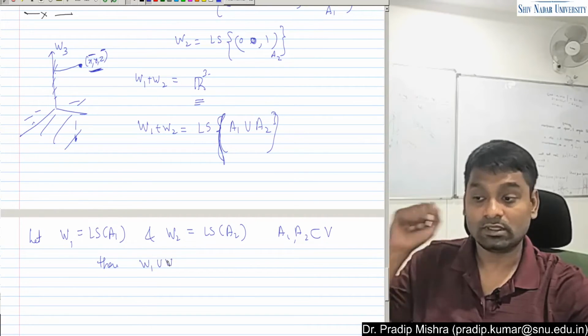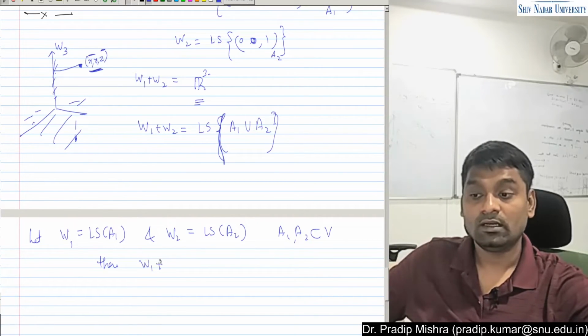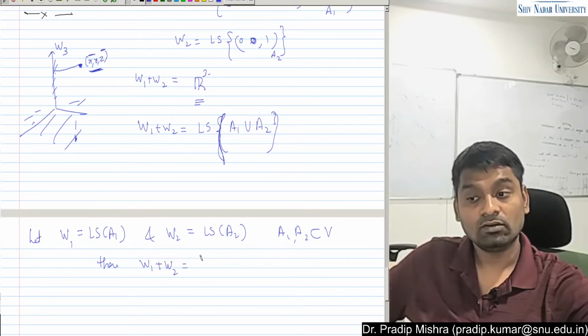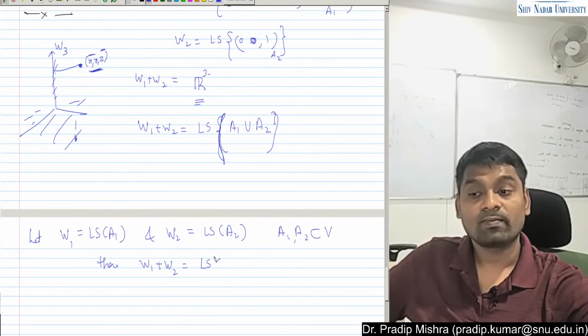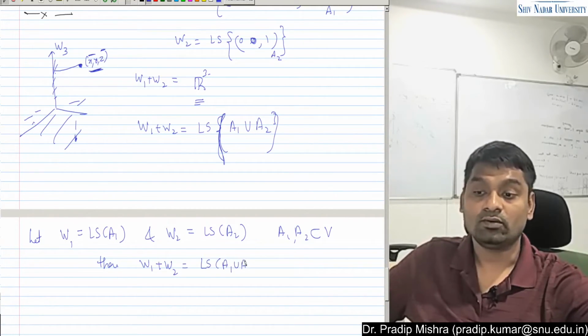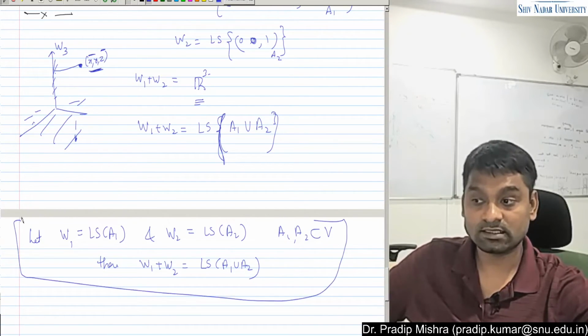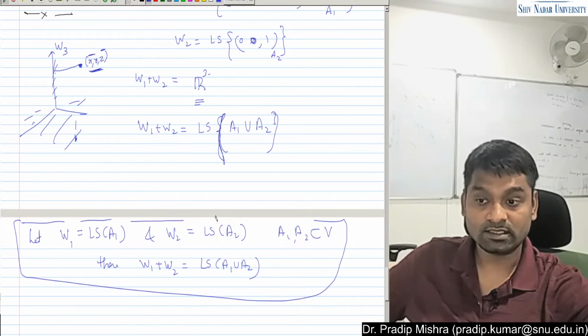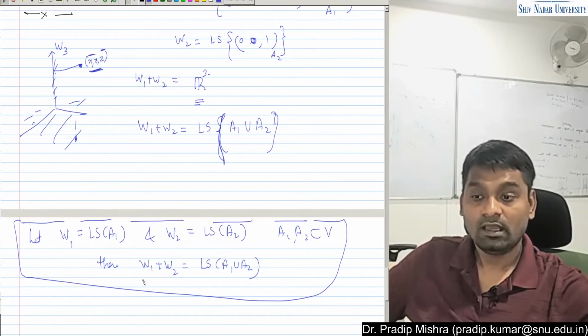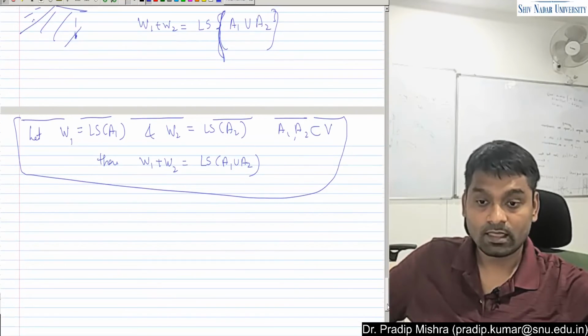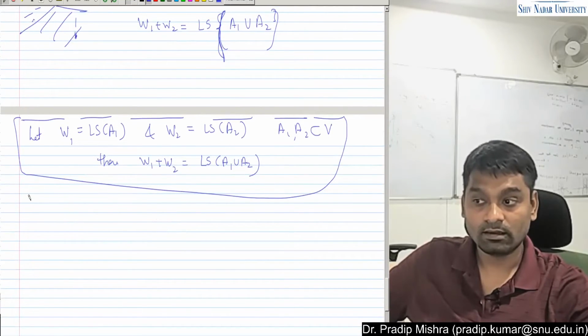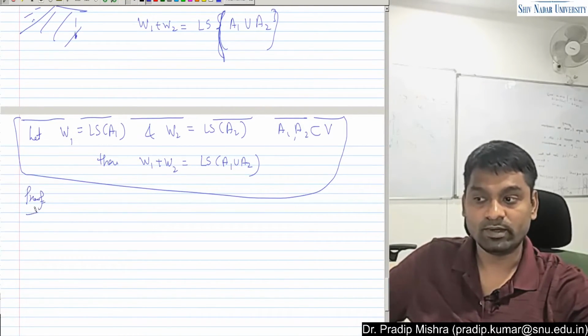Then W1 plus W2 equals LS of A1 union A2. This is the result. Please try to understand this result carefully. And now, try to do the proof of this one by yourself.